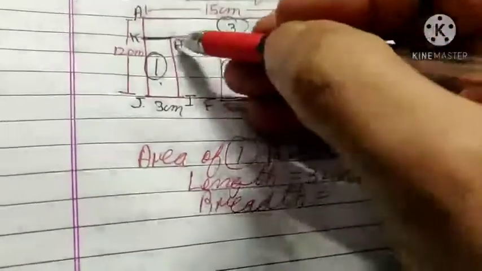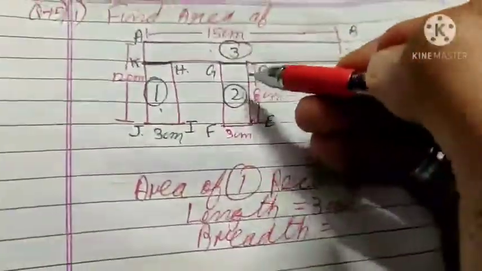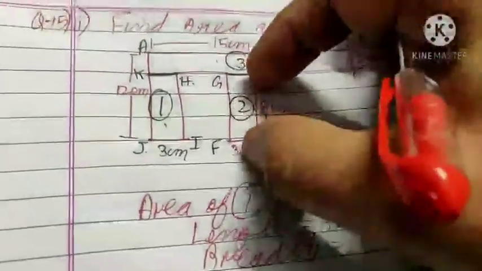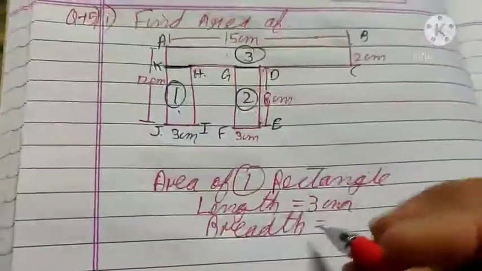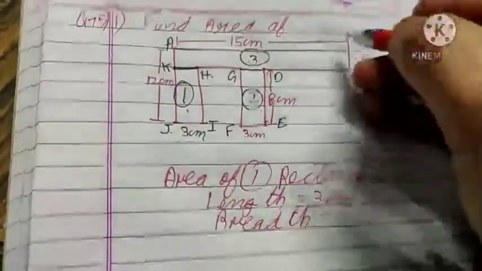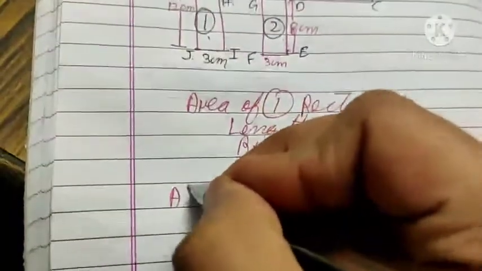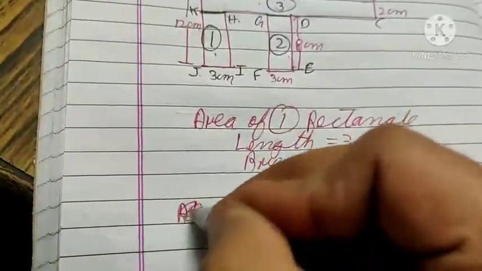Okay, this D will be equals to HI, as in the given figure they are of the same length. Okay, this is 8. Now wait, this is completely 12 and this is 2. So here BC will be equals to AK, as ABCK is a whole rectangle. Okay, here BC will be equals to AK.